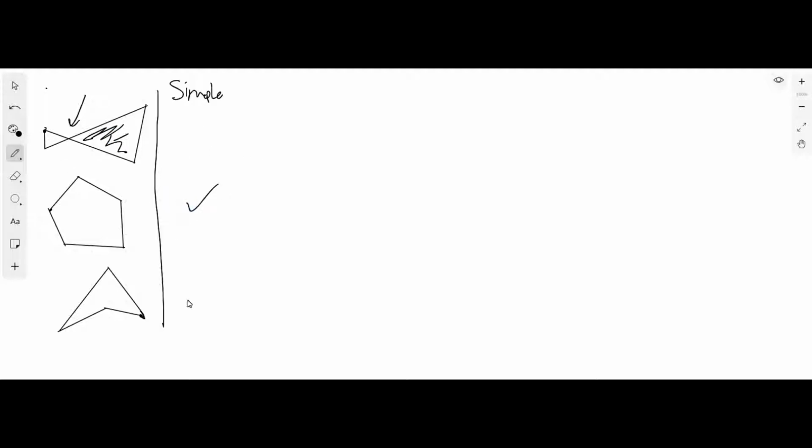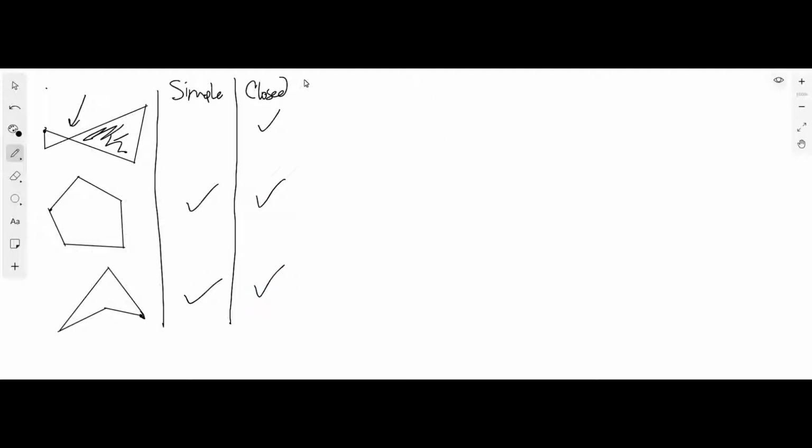However, these ones are, because there's only one interior space. Let's talk about whether or not it's closed. All of these figures, I made a very specific point of closing in all of them. There are no openings.